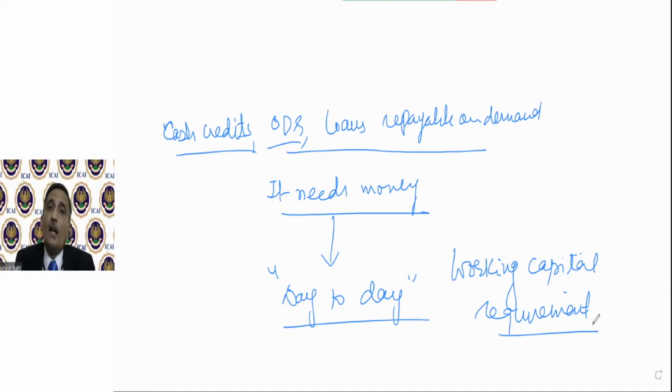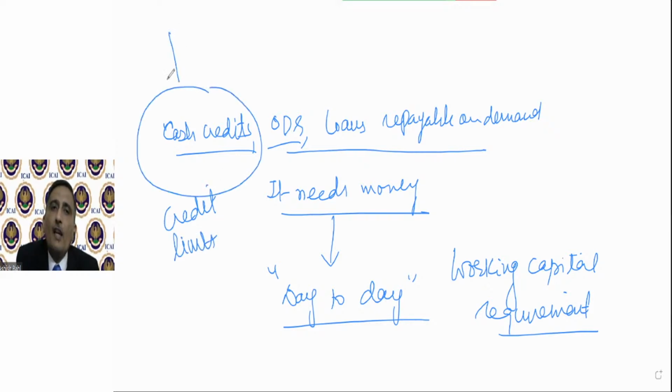So the company cannot invest all this money by way of its own capital. It involves huge lay of funds. So what do they do? They approach the bank to sanction them credit facilities in the nature of cash credits.